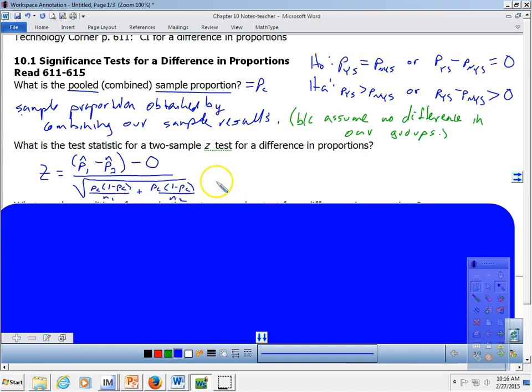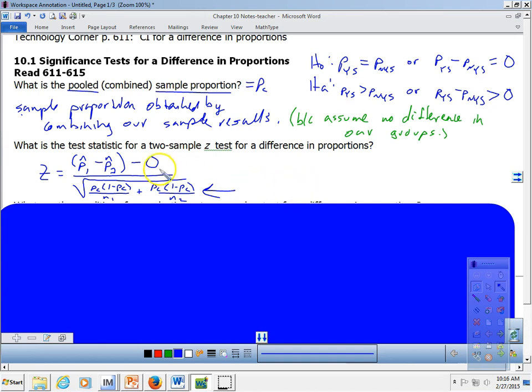Now, what I hope you recognize is that this is the exact same formula, and it's derived from the exact same place as we did it for the confidence intervals. The only difference here is that instead of using our sample proportions, P1 hat and P2 hat, we're using the idea of this pooled proportion. And we just talked about why we're even talking about a pooled proportion.